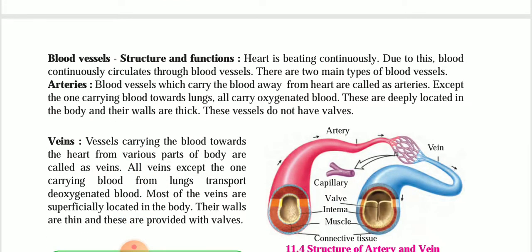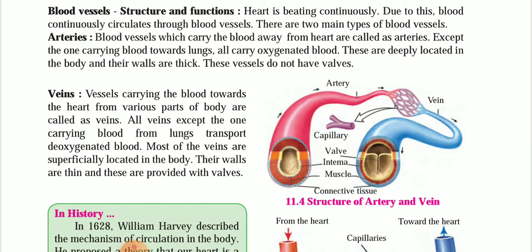Next is the blood vessels. We have two types of blood vessels, arteries and veins, and between these they are connected with the help of capillaries. Okay, these are very fine blood vessels which reach every cell. So here the oxygenated and deoxygenated blood is pumped from the lungs to the heart, and from the heart it is given back to the body.